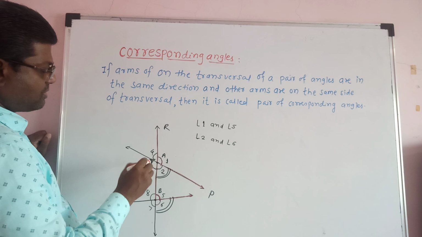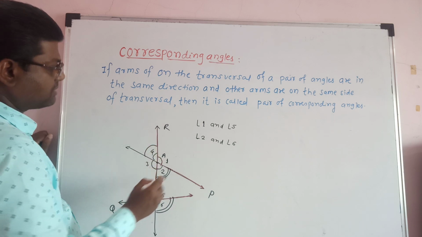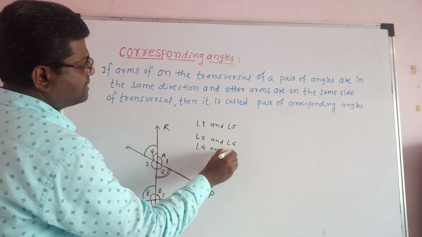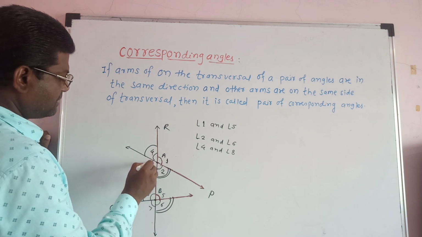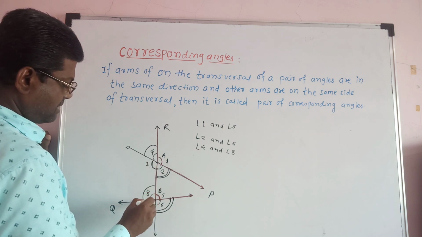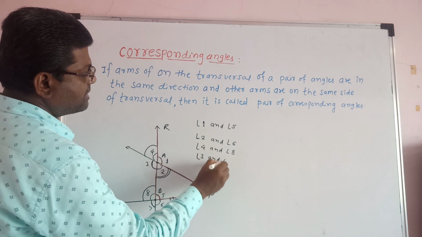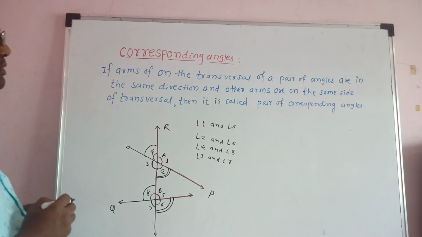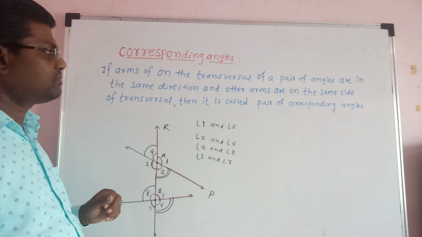Similarly, we can find angle 4 and angle 8. This angle 4 and angle 8 is another pair, and angle 3 and angle 7 is one more pair. Therefore, we get a total of 4 pairs of corresponding angles.